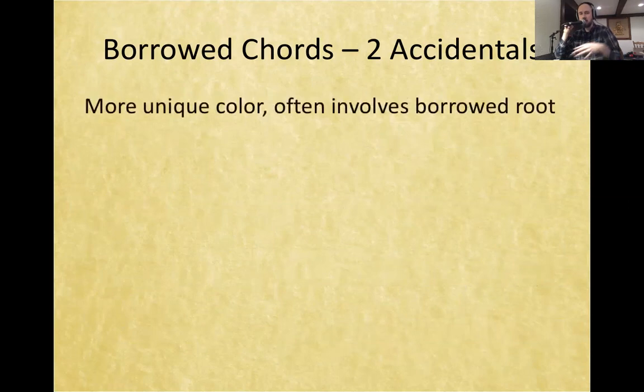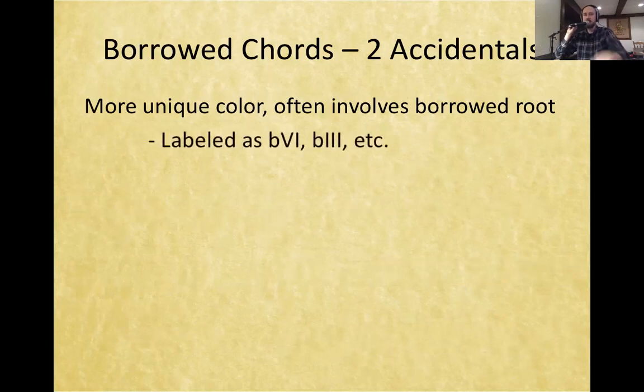And one of the things that makes them extra unique and extra colorful is that most commonly when we're adjusting 2 accidentals, it means that we are going to borrow the root of the chord from the parallel key. So it's not just the 3rd or the 7th like we saw in the last examples that can just sneak in there. These chords are going to be more dramatically changed.